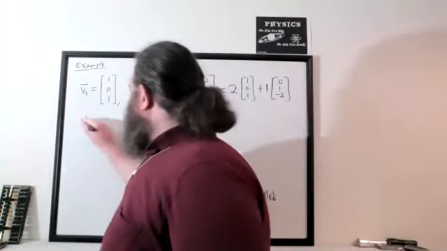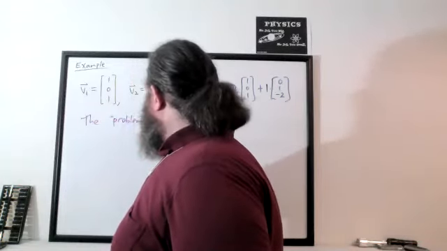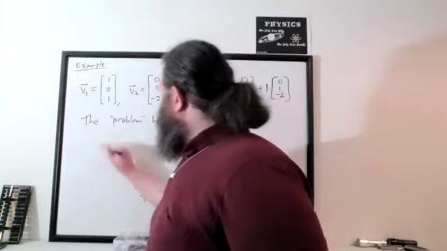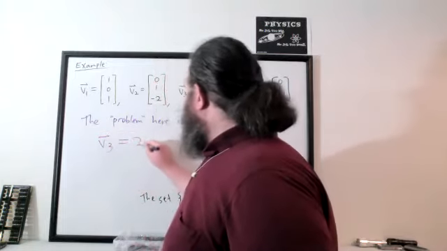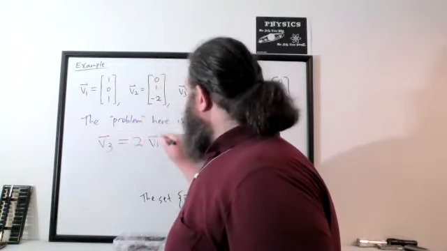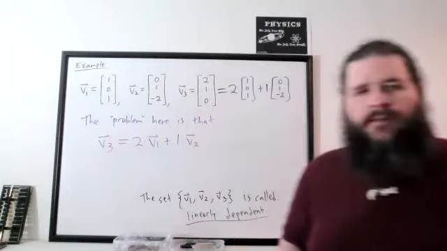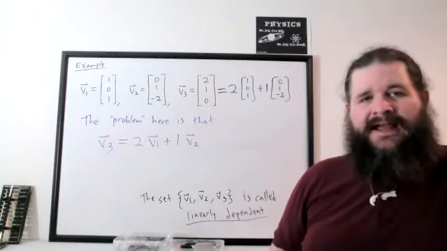So that's really the problem here. The problem here is that v3 happens to equal something times v1 plus something times v2. That we were able to build one of the vectors by using the other two vectors we already had.